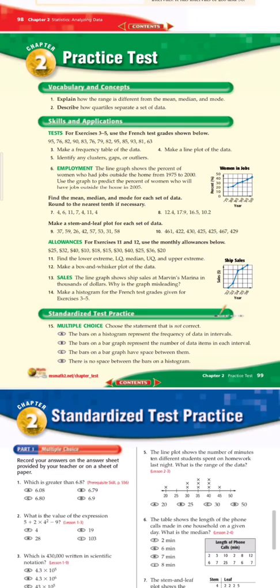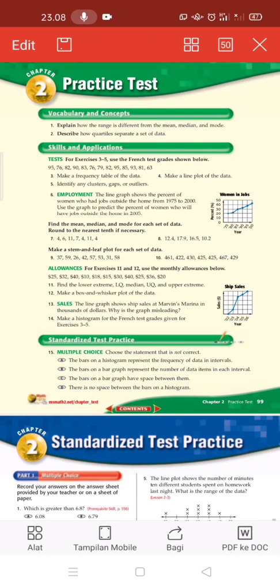Find the mean, median, and mode for each set of data, rounding to the nearest tenth if necessary. 7. 4, 6, 11, 7, 4, 11, 7. 8. 12.4, 70.9, 60.5, 10.2. Make a stem and leaf plot for each set of data.